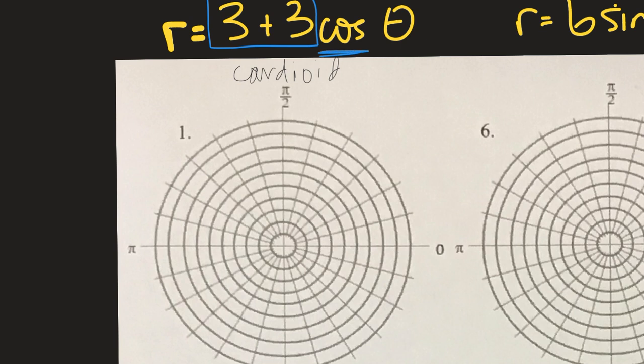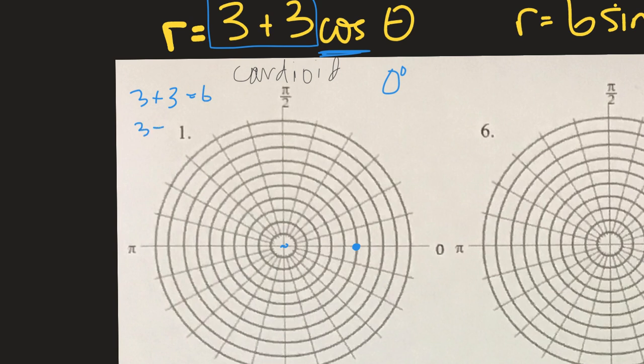Because it's a cosine, we're going to go along the 0-degree pole, which is the positive x-axis. So from our origin, we're going to count out 1, 2, 3, 4, 5, 6. We're going to put a dot there representing our outer radius. 3 plus 3 is 6, not 3 plus 6. There's the outer.